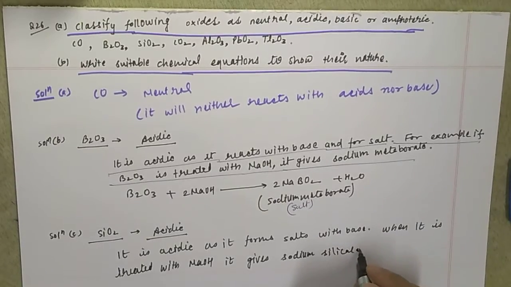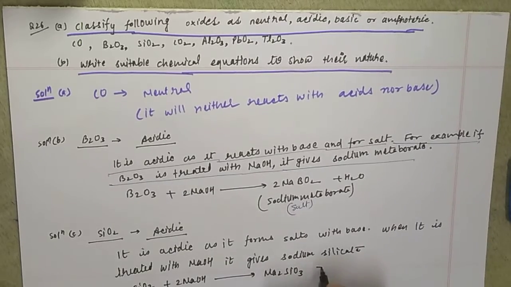If you write the equation: SiO2 plus 2NaOH gives Na2SiO3 plus H2O. This is sodium silicate, and this is a salt.